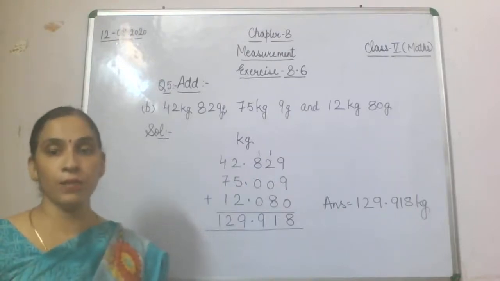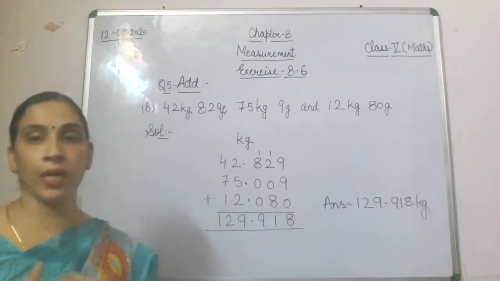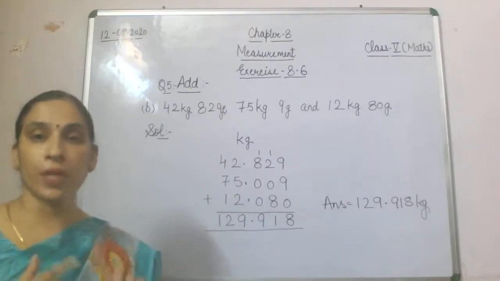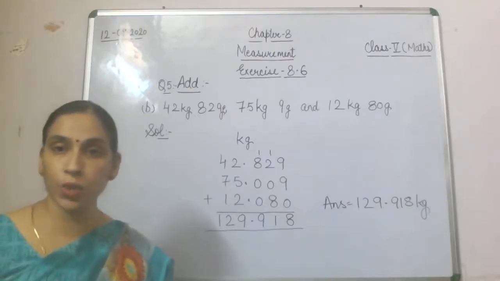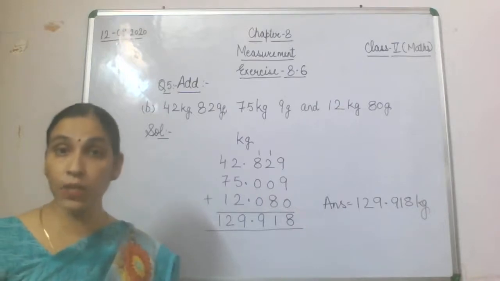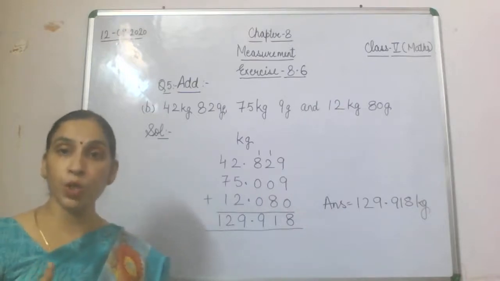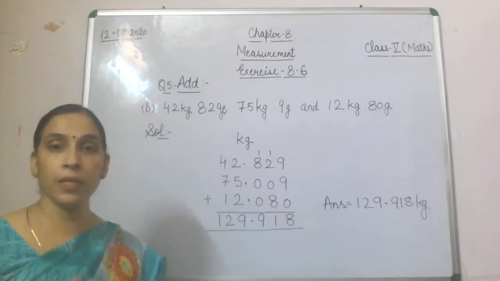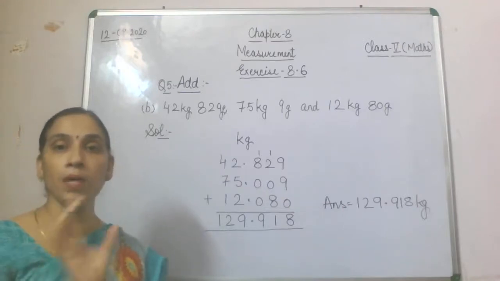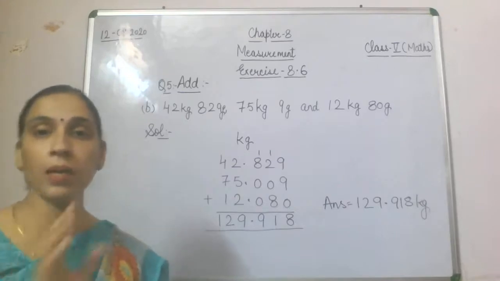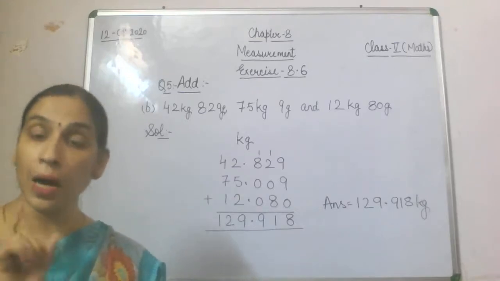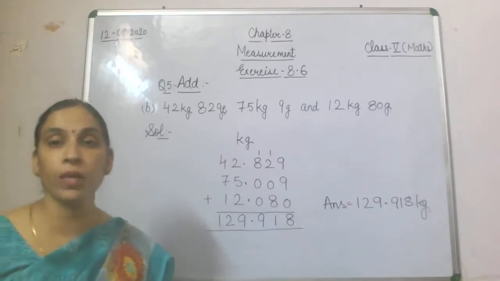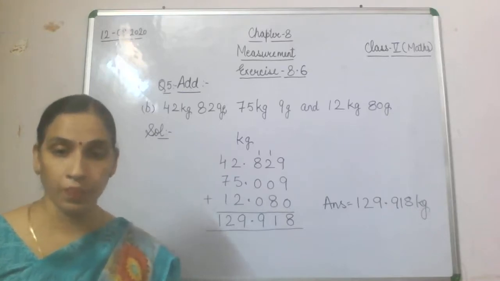Similarly in subtraction, whatever kg or gram is given, first you will convert it into kg, and after converting, you will subtract. But keep one thing in mind: you will write the bigger number first, and out of that bigger one you will subtract the smaller one.